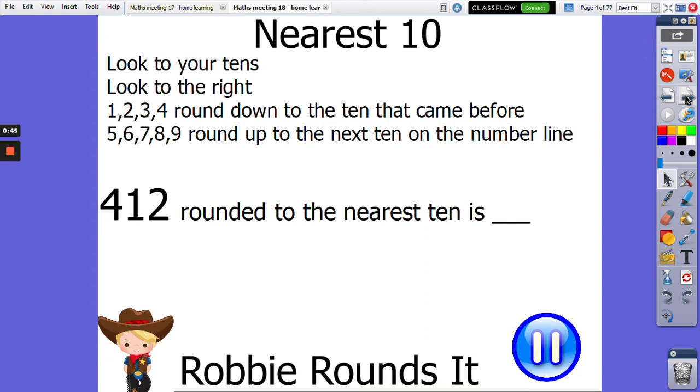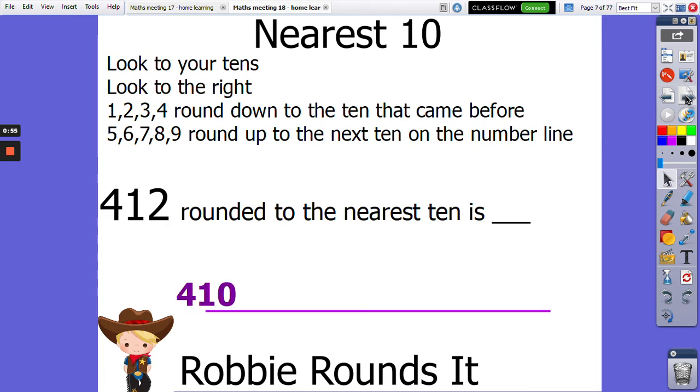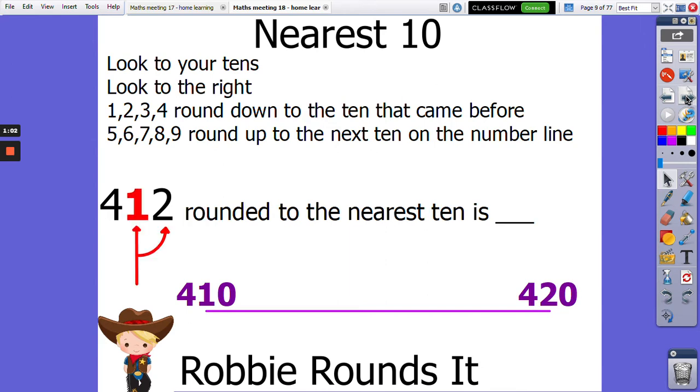Okay, let's see. Now we're rounding 412. We need to think, what two multiples of 10 does 412 fall between? Well, it falls between 410 and 420. When we're rounding 412 to the nearest 10, we're rounding the tens column, but we're going to need to look at the ones column to help us out.